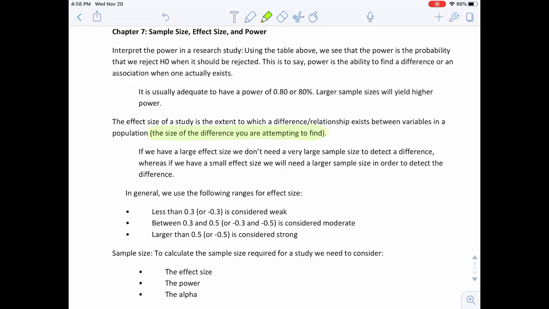Whereas if you've got a very small effect size, right, these are very minute differences that you're trying to pick up on, you're going to need larger sample sizes to capture that, right, for those differences to kind of emerge. Okay? So that's what this blurb is all about. But also, to calculate the sample size, we said that, okay, we're going to incorporate three things, right? The effect size, the power, and the alpha.